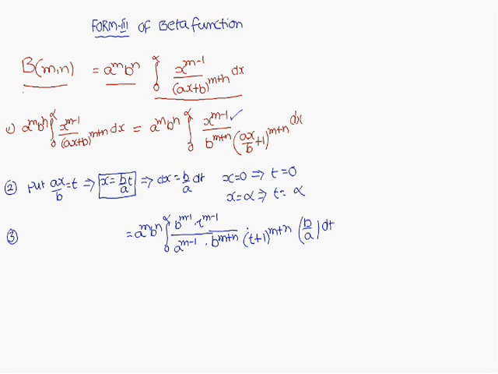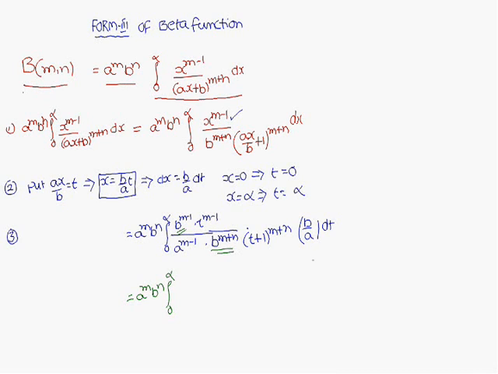Now we will try to simplify the problem. If you do the simplification, a^m b^n integral 0 to infinity as usual. So b^(m-1) is there, and in the denominator it is b^(m+n).